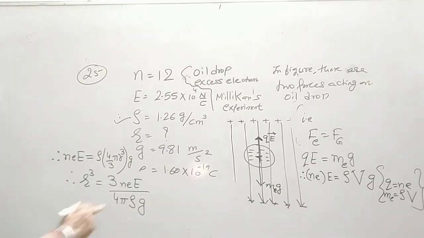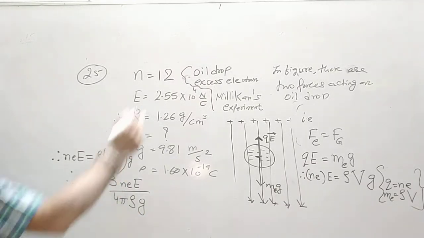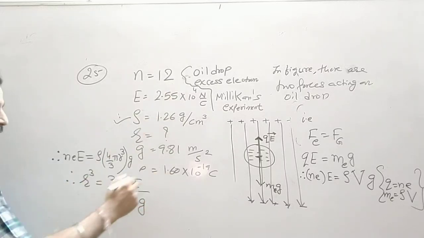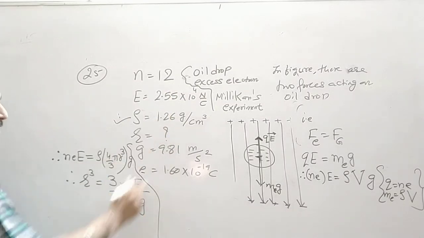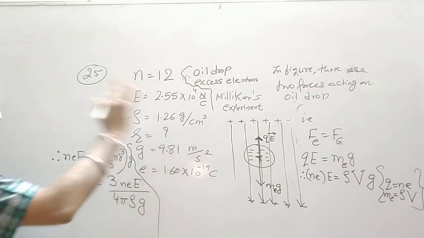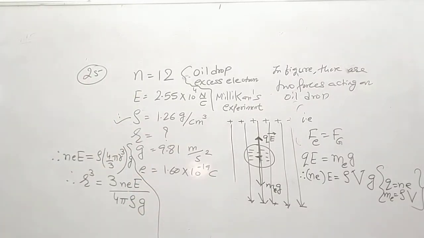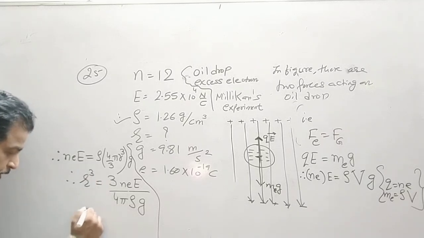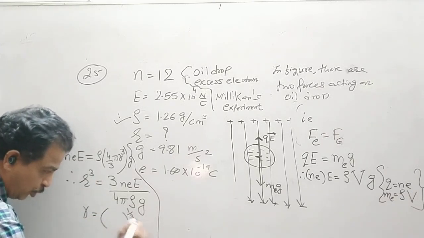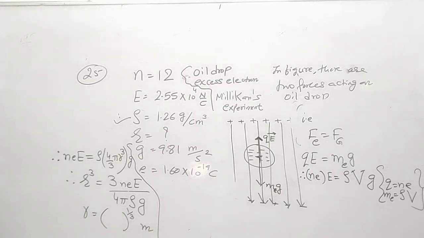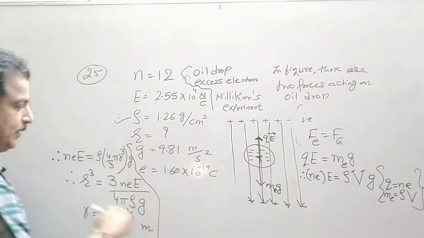Now you see all the quantities are given. N is known, 12, e is the charge on each electron, capital E is given, density given, g given. So you substitute these values and this is r cube. Find out r. Whatever answer you get, take the cube root of it, and that should be in meters. So don't forget to take the cube root of your answer.